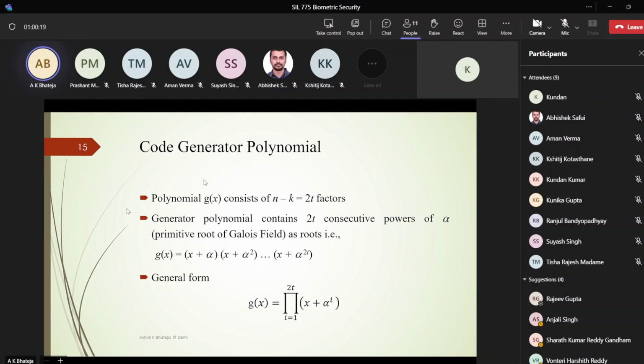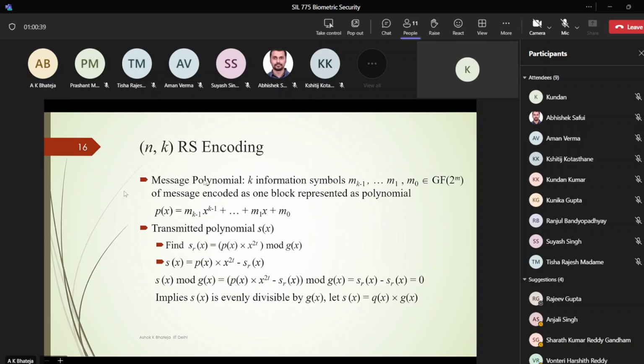One of the factors is x plus alpha squared, and so on, where alpha is a primitive root of the Galois field GF(2 to the power n). And suppose the message polynomial is m0, m1, up to m(k minus 1). These are the message symbols. M0 is one symbol, M1 is another symbol, M(k minus 1) is the kth symbol.